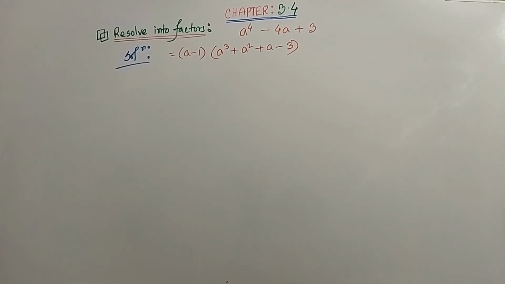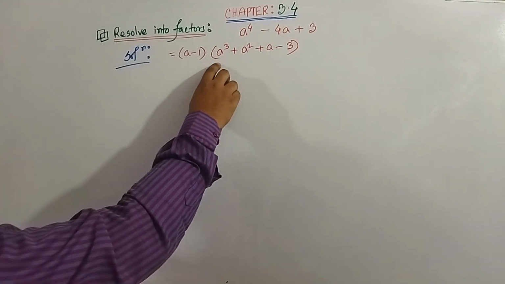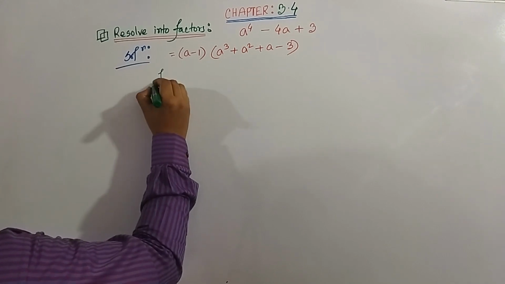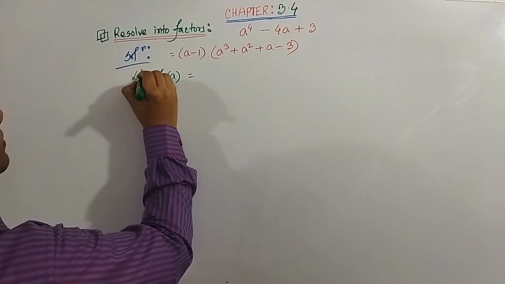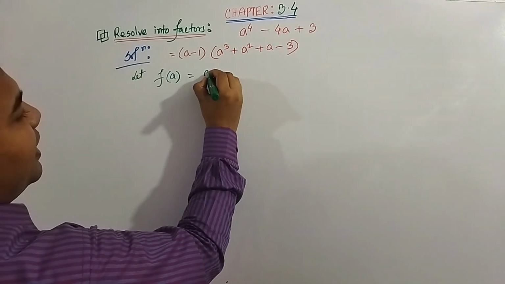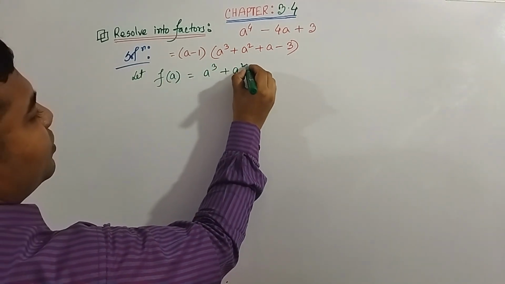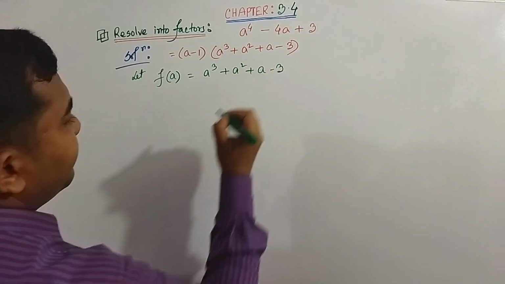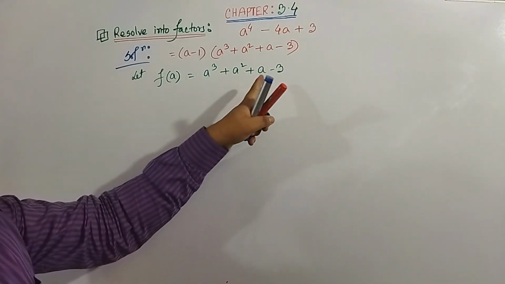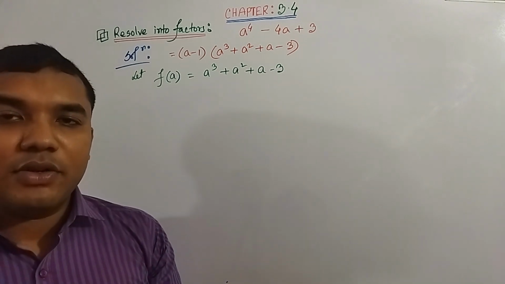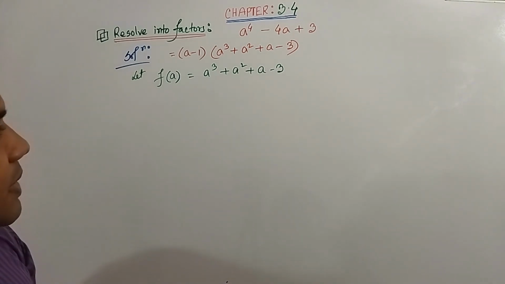Dear students, we have to think of this function again as f of a is a cube plus a square plus a minus 3. Here again we have 3, so 3 into 1 is 3. Again the factors of 3 are plus minus 1 and plus minus 3.